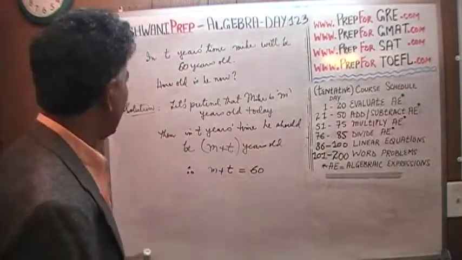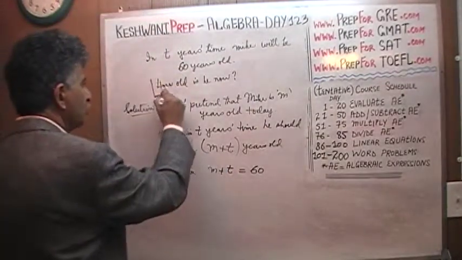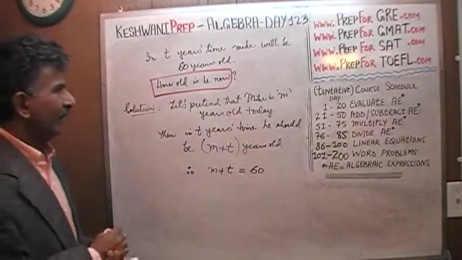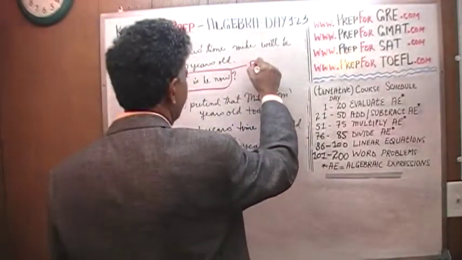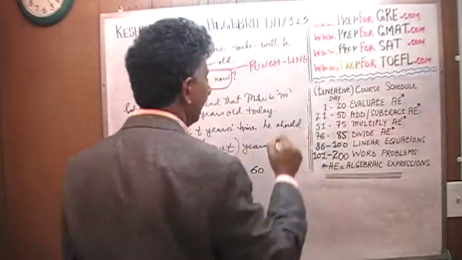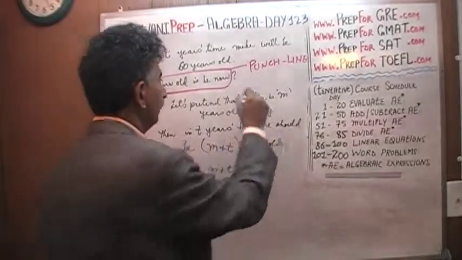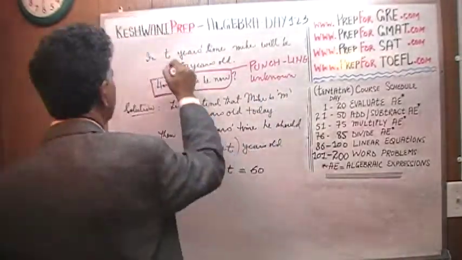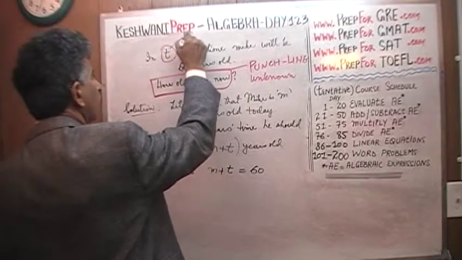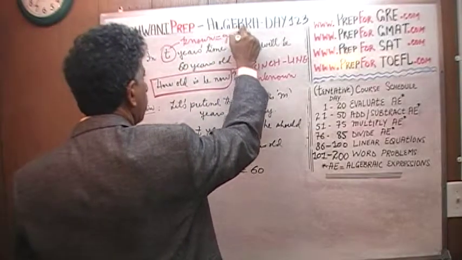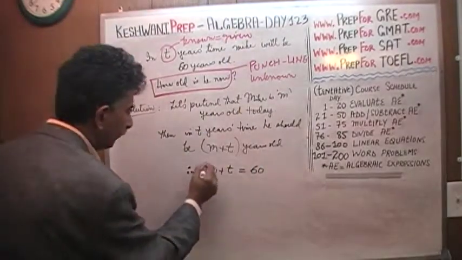How old is he now is what I usually refer to in my courses as your punchline. And your punchline is the unknown. This is the unknown quantity. This is known, this is given. So we have to solve for M.